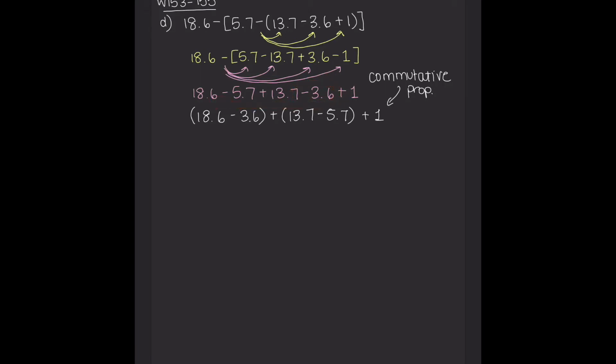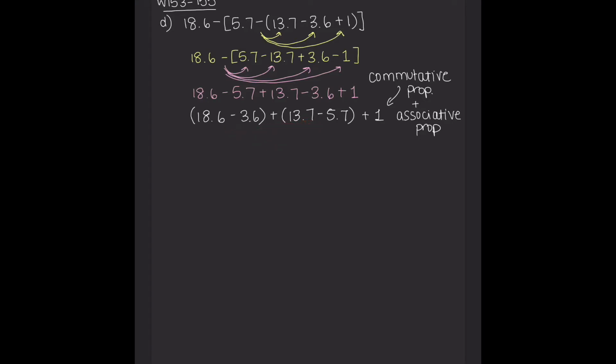But we also use the associative property, because we're saying we have to group these terms together. Usually I would just add from left to right. But this is saying, I want to add these 2 terms first and then add these 2 terms, and you don't want to just go one after the other.